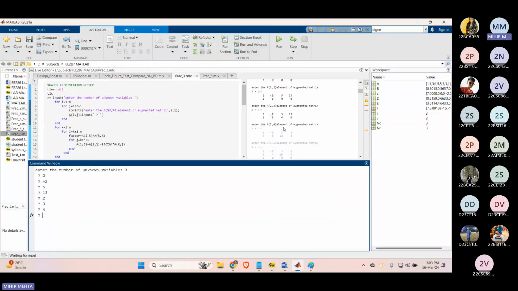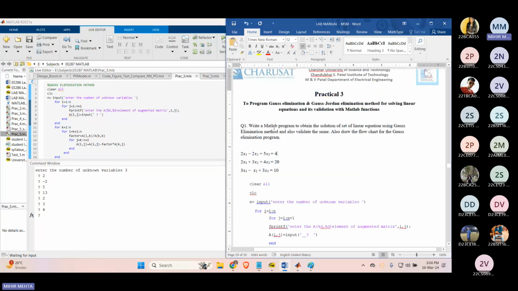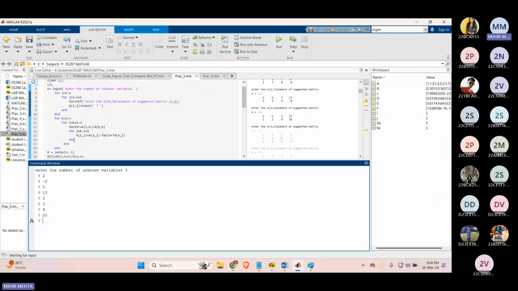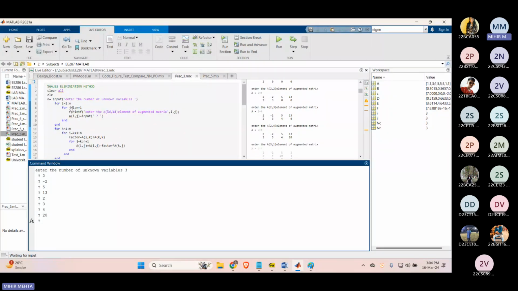Now I am asked for the value of 2 comma 4. Since you are forming an augmented matrix, the fourth column value of the second row would be 20. So you just add simply this. Now again, you have run this loop from 1 to n plus 1.